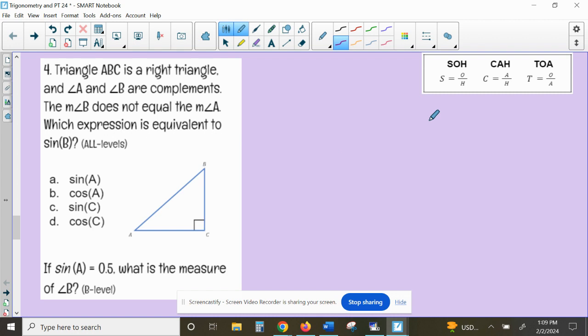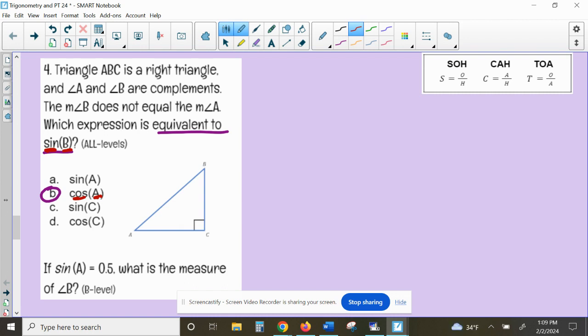But really all you've got to look at is which one of these options is equivalent to sine of B? Cosine of A. Remember, you're going to switch the sine and the cosine. Switch the A and the B. Okay? Easy points, but only easy if you know that little fact.